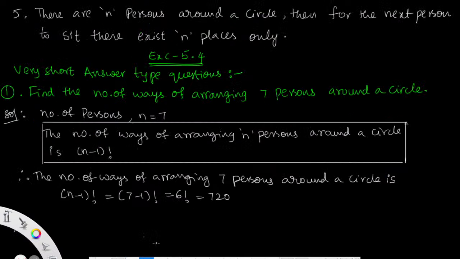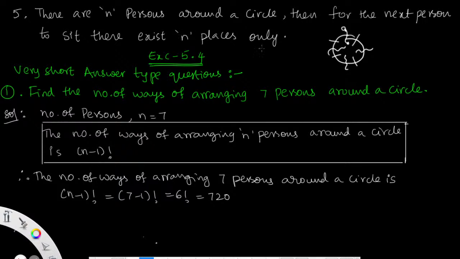Then go to the next one. There are n persons around a circle. For the next person to sit, there are n places. Suppose 4 persons are sitting in the circle, the next person can sit in 4 places. If 5 persons are there, the next person can sit in 5 places.